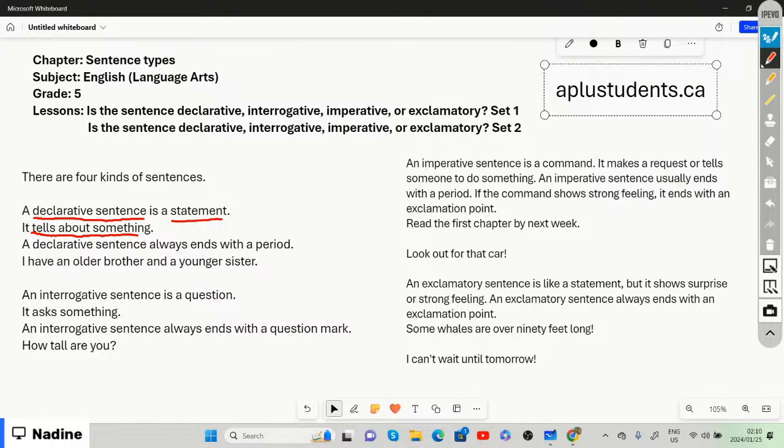So we said that there are four kinds of sentences, and one of them is the declarative sentence. A declarative sentence is a statement and it tells us about something. Like I said, it's just telling you something, and it doesn't require you or the next person to give a response.